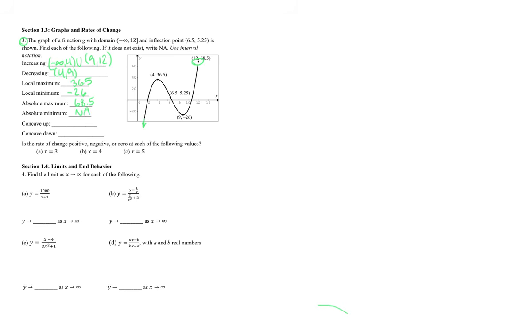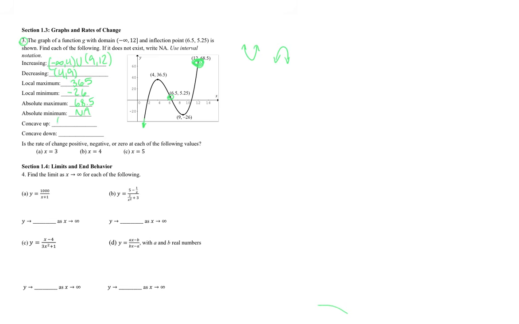So for looking where it's concave up and concave down, we know that concave up is like a smiley face, concave down is like a frowny face. So where do we see any sort of happy face? I would say that would be from here to here. So from 6.5 to 12, we're concave up because we're like a smiley face, I guess.